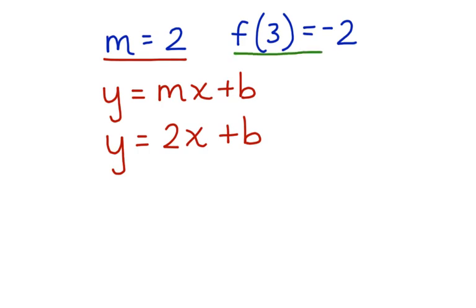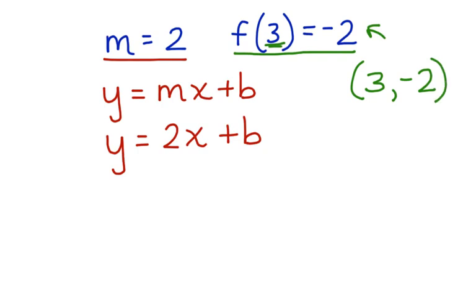What about this information? Well, this tells us an x value of 3 and an output or y value of negative 2. So we can say that based on this information right here, that we have an ordered pair of 3, negative 2.